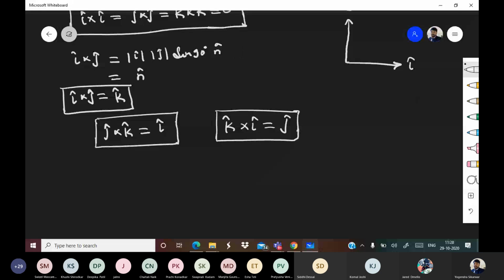And k cross i is equal to j. Remember this.